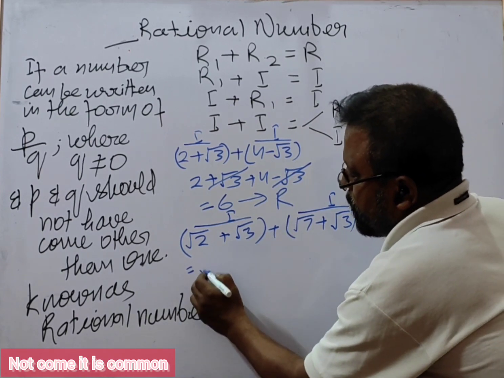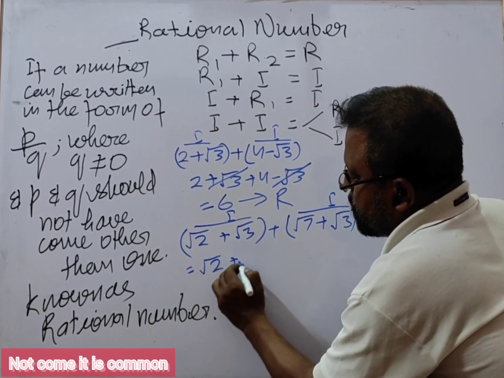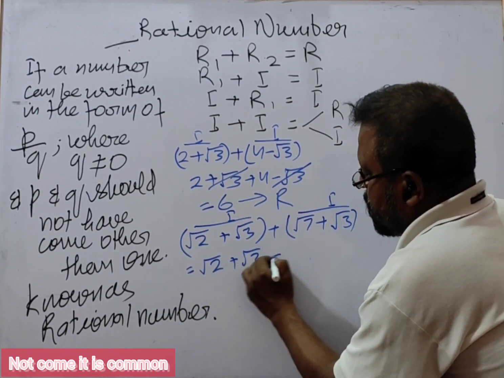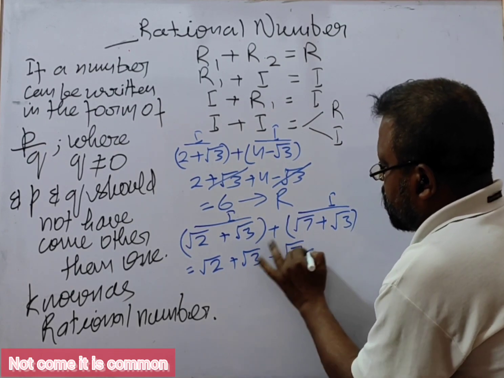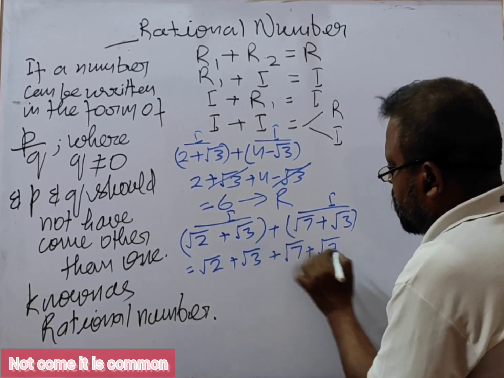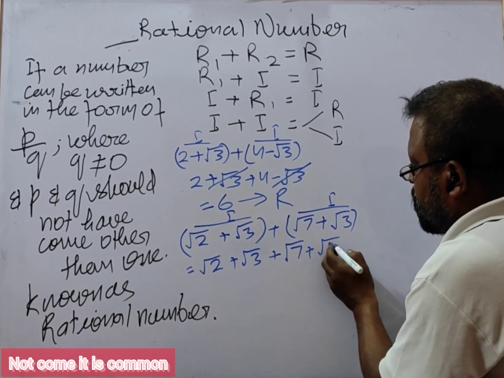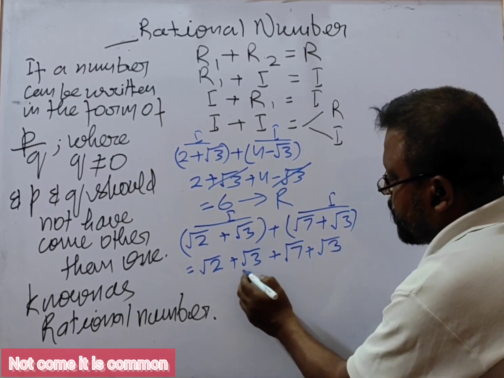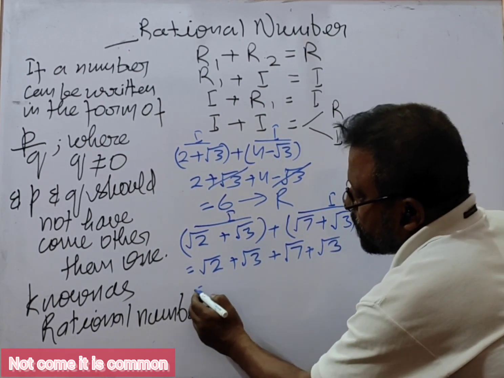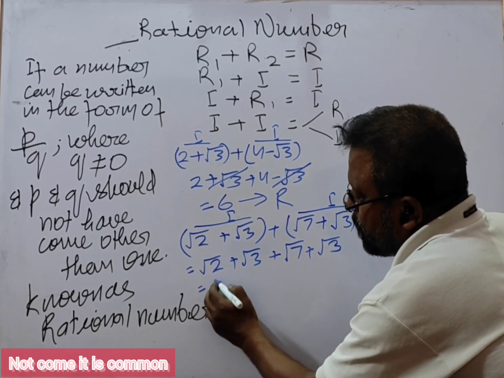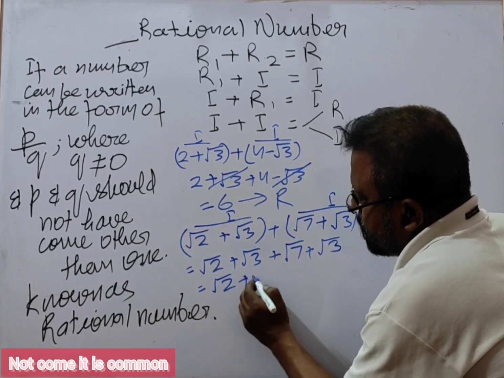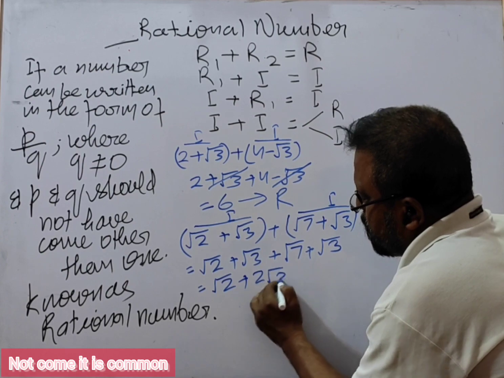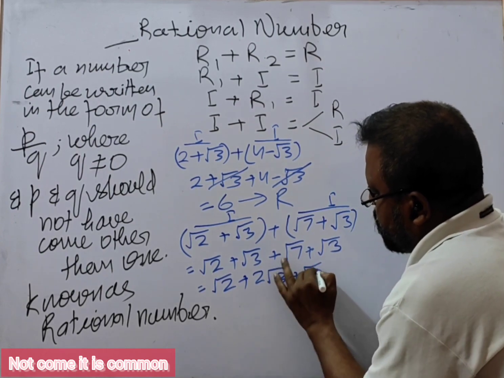So you get root 2 plus root 3 plus root 7 plus root 3, and together we can write root 2 plus 2 root 3 plus root 7.